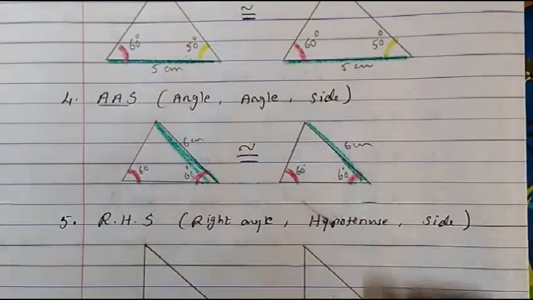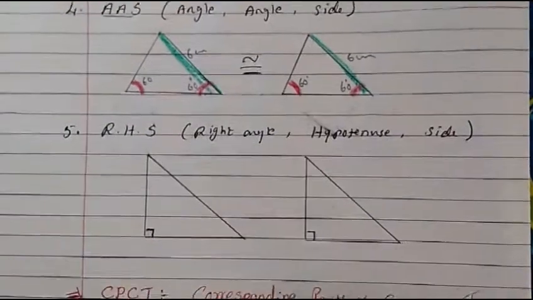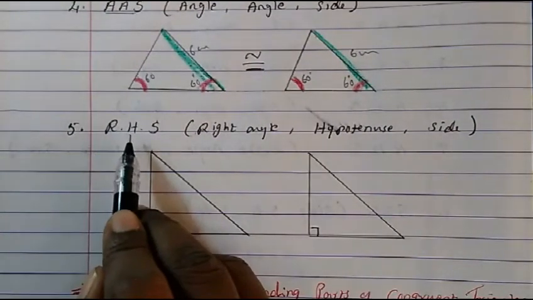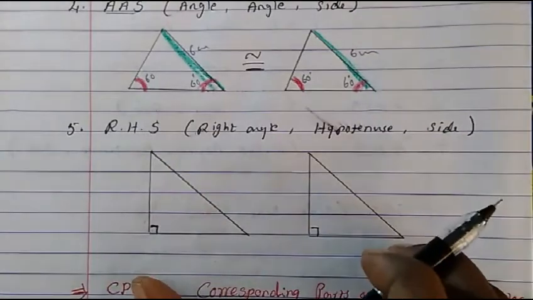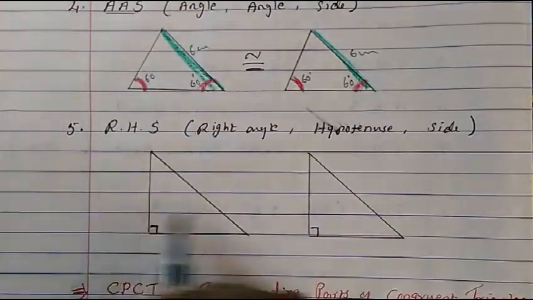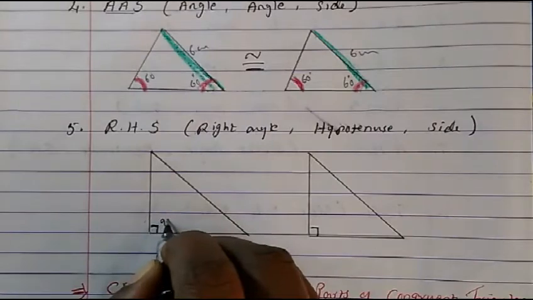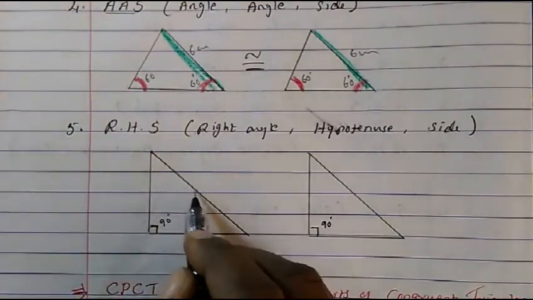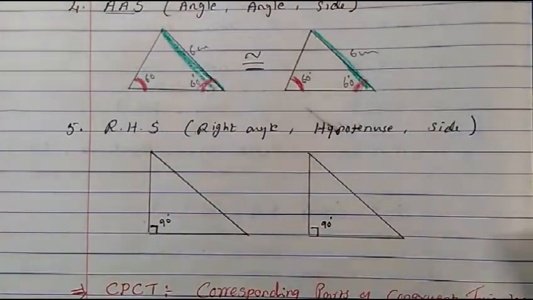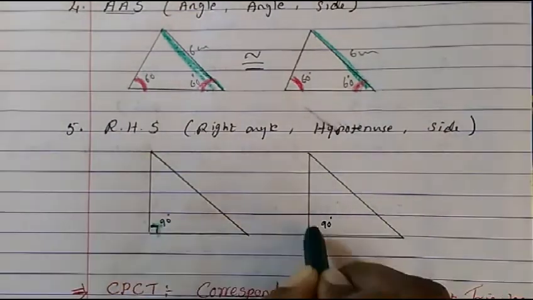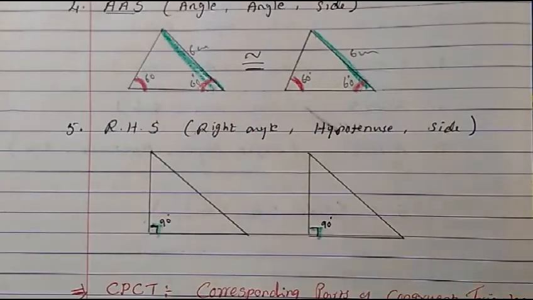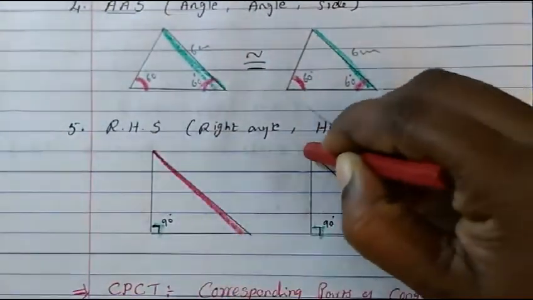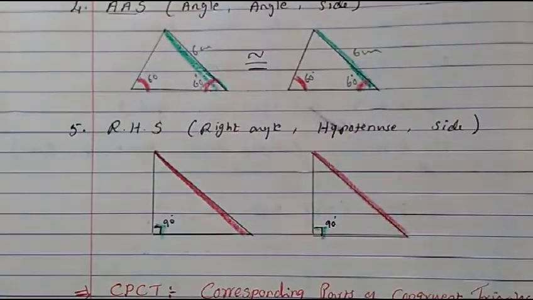They are equal. Next comes RHS. That is right angle, hypotenuse, side. If you find two triangles where both have a right angle of 90 degrees, then the hypotenuse should be the same.